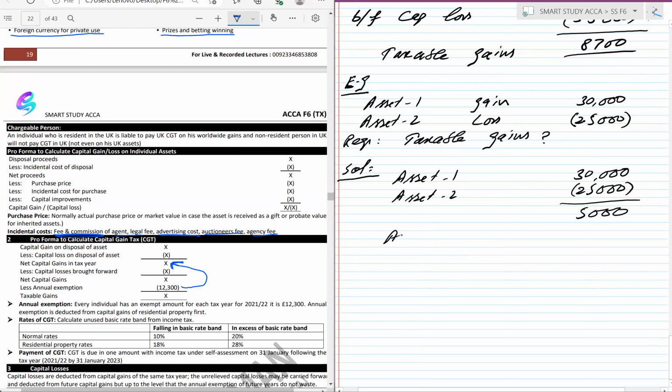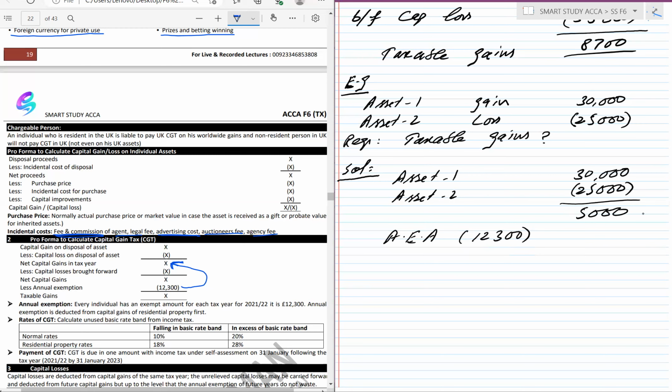Over here, we will deduct annual exempt amount, which is 12,300. But please remember, this annual exempt amount can reduce our gain up to 0. It cannot convert our gain into loss.